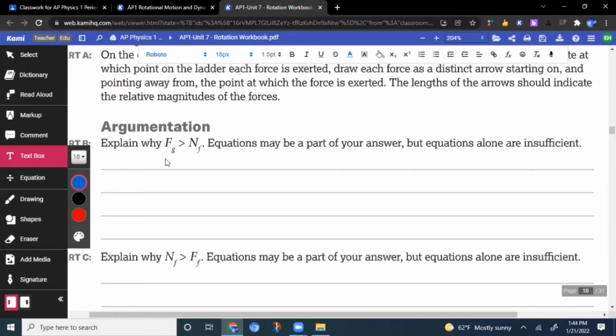Explain why the force of gravity is greater than the normal force on the floor. Okay, so which way is the ladder accelerating? Downward. So if the ladder is accelerating downward, that ought to explain why the force of gravity is greater than the normal force from the floor.